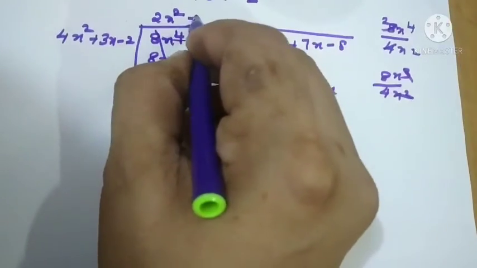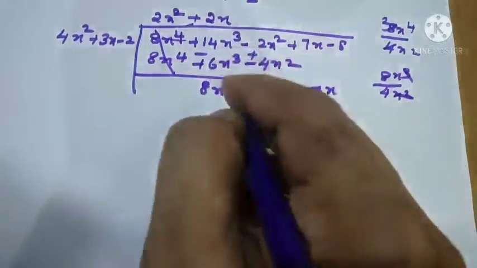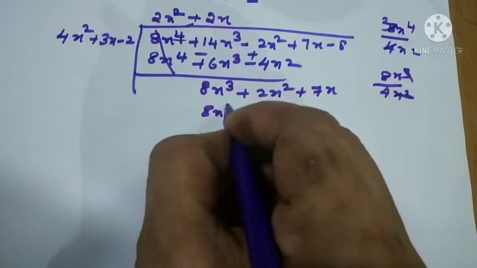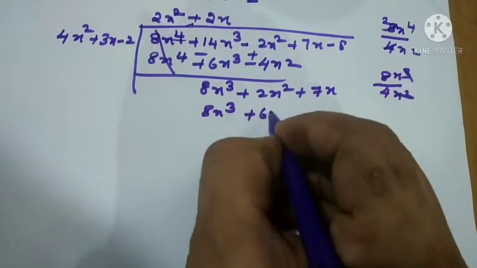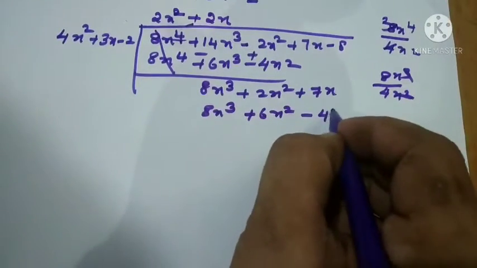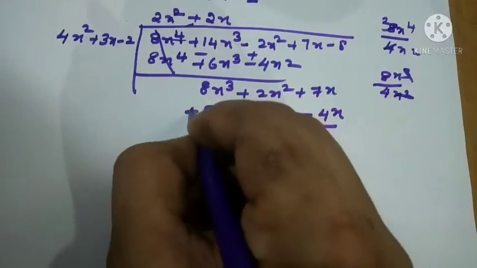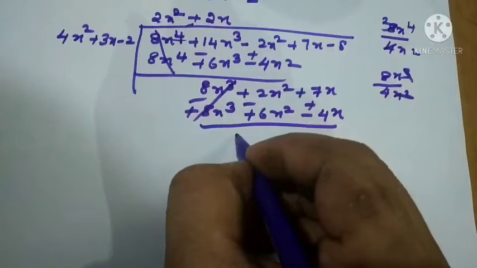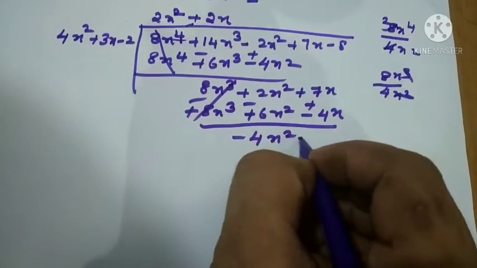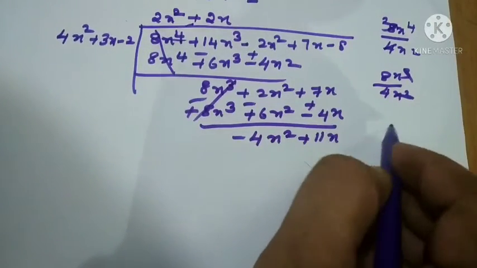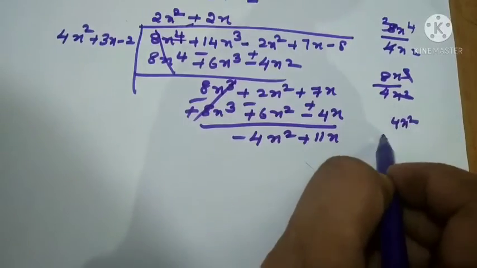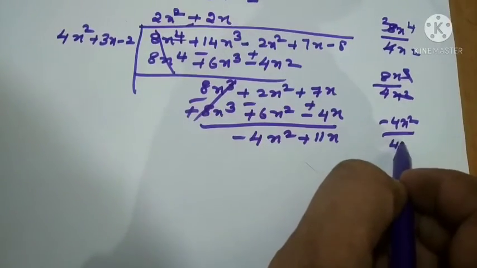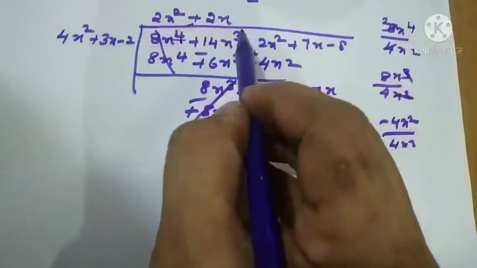So what will write here? 2x. Multiplication. Now it is very clear to you what are the terms, I am not explaining. So 2x square minus 6, that is minus 4x square plus 11x. So 4x square divided with 4x square, naturally it is equal to minus 1 only.